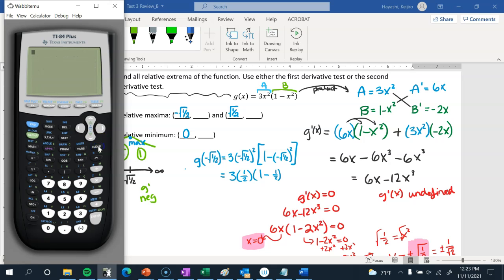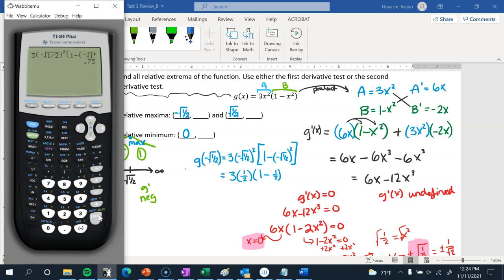Let's not make this harder than it has to be. 3 times the negative square root of 1/2 squared times 1 minus, and again the negative square root of 1/2 squared, and close that larger set of parentheses.